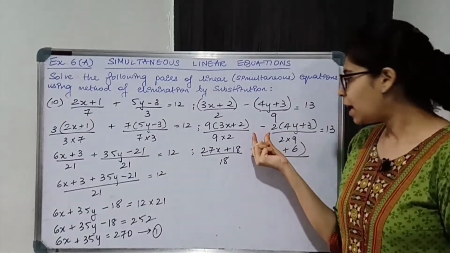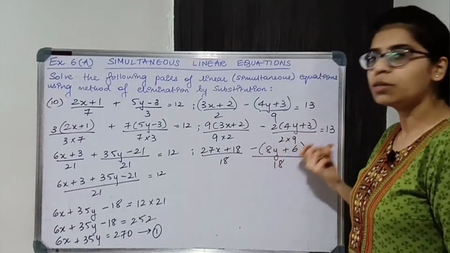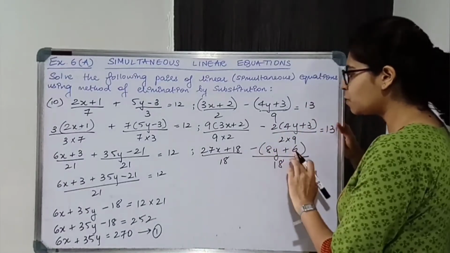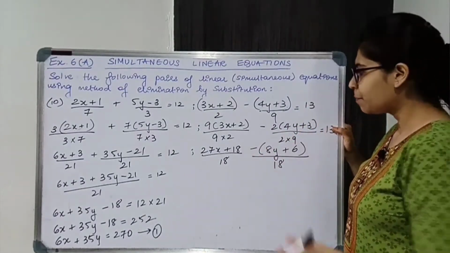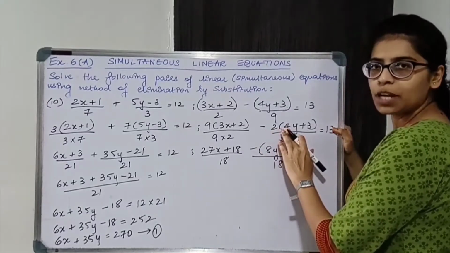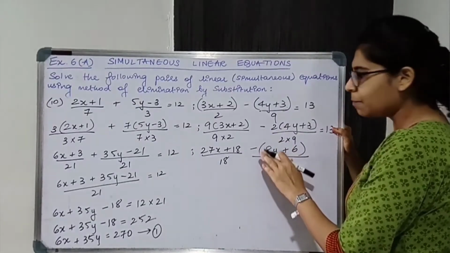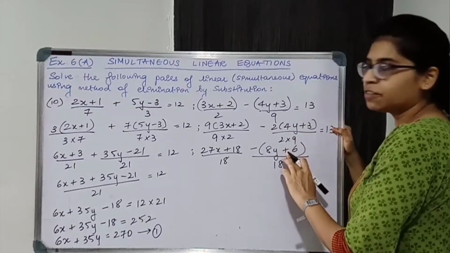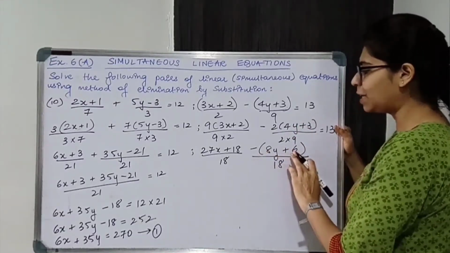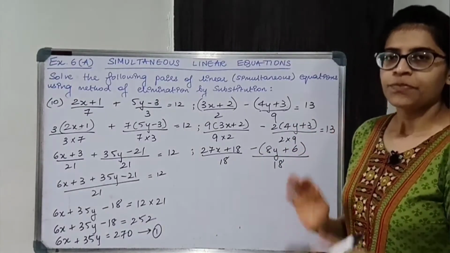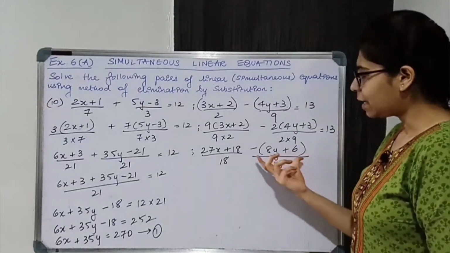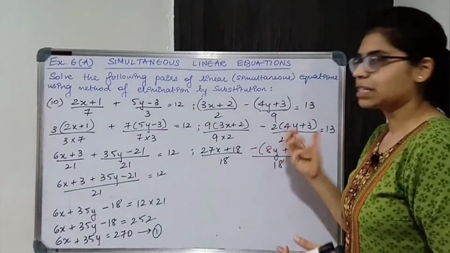If you want, you can take minus 2, then the brackets will open up, so both the terms will become negative, because minus 2 into plus 4 will give minus 8y and minus 2 into plus 3 will give minus 6, so it will become minus 8y minus 6. That way you can do it, but I am not taking minus inside for now.